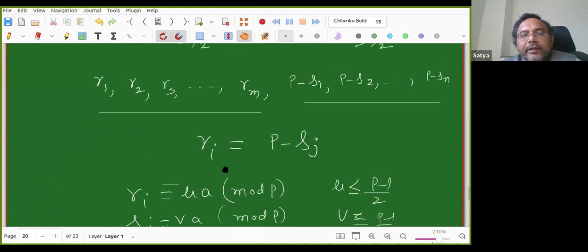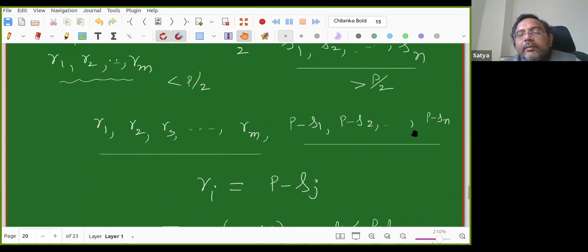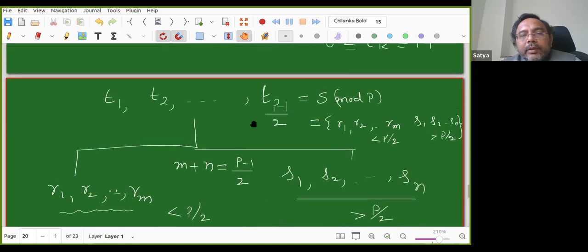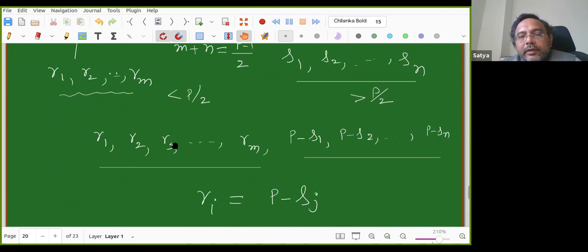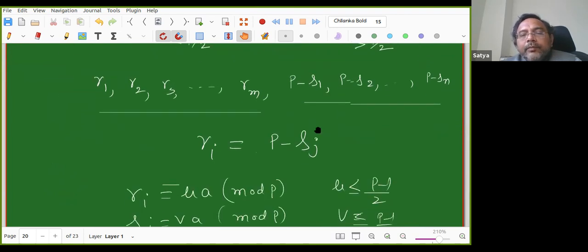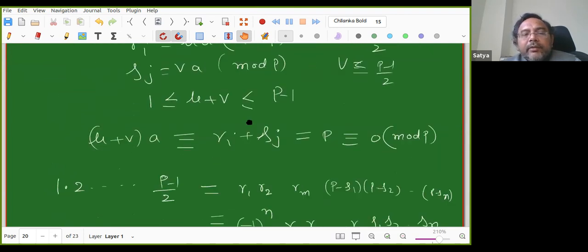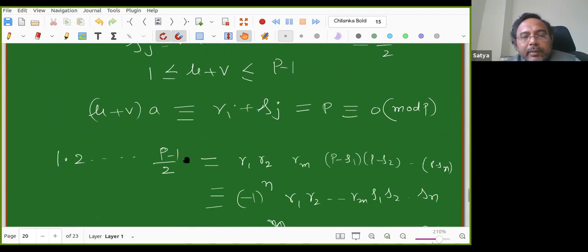That means all these are distinct. But how many of them are there in total? (P minus 1)/2. So they are exactly 1 to (P minus 1)/2 only. So 1 into 2 into up to (P minus 1)/2 equals R1, R2, Rm into these P minus S terms.